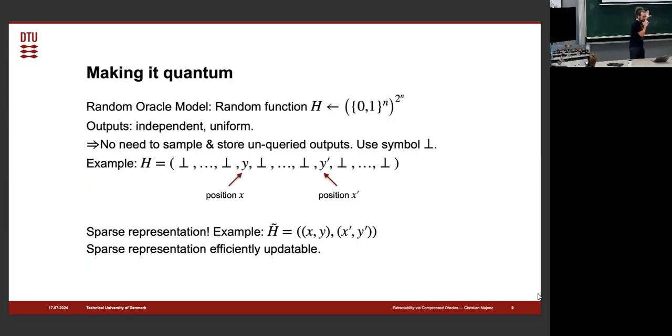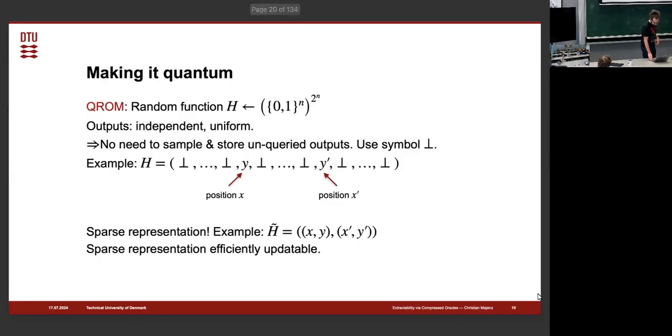This is the old slide where I described the alternative look on the classical random function oracle, or lazy sampling oracle. And now let's make it quantum step by step. First of all, let's use the QROM, of course. The outputs are independent and uniform, but instead of sampling them and using XOR, we instead prepare a superposition of outputs and use CNOT to replace the XOR into the algorithm's register.